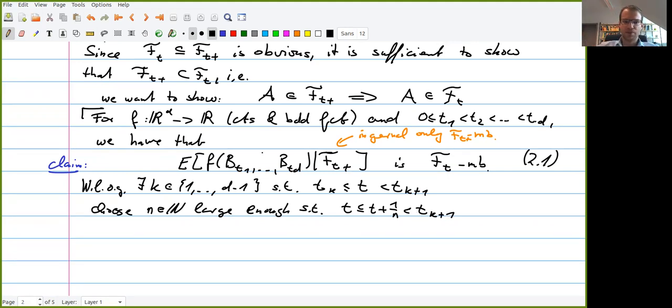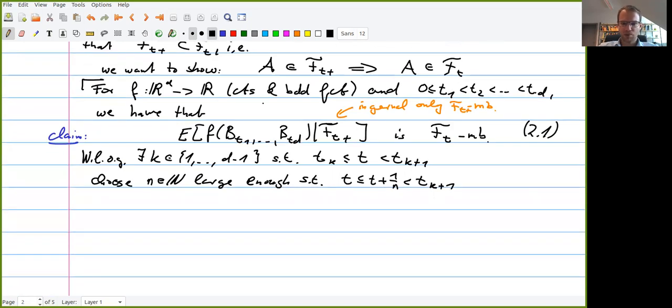So this is the two things I want to do. And now I want to analyze this conditional expectation, for which I want to show that it's F_t measurable. Let's start analyzing this.